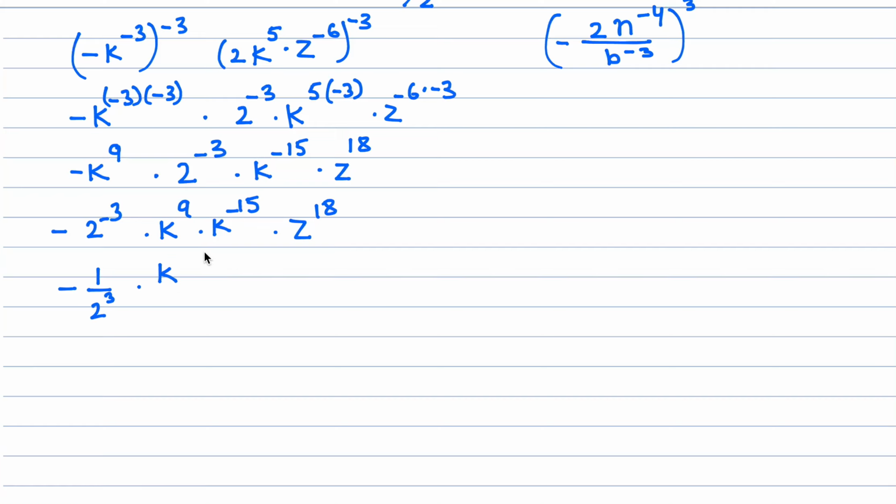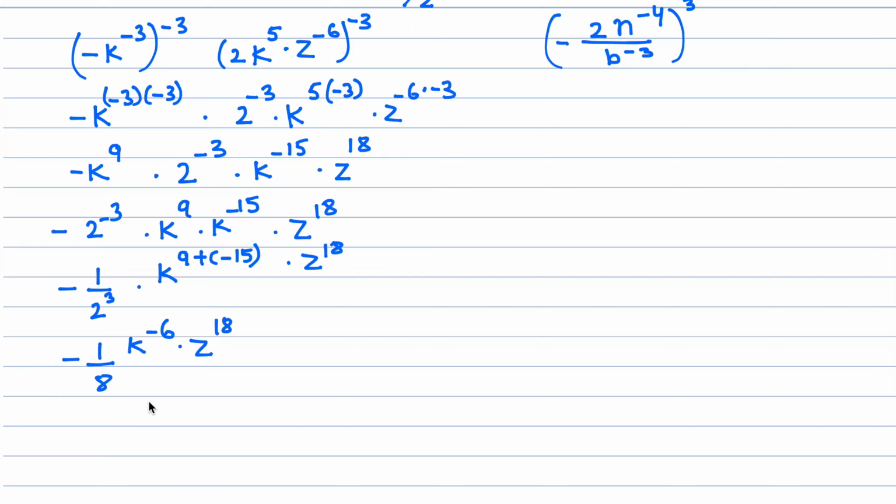Now for k, I'll apply the product rule over here. 9 plus minus 15 times z to the power 18. Now let's go further. 2 cubed is actually 2 times 2 times 2, which is 8. And k to the power 9 minus 15, which is negative 6, times z to the power 18.